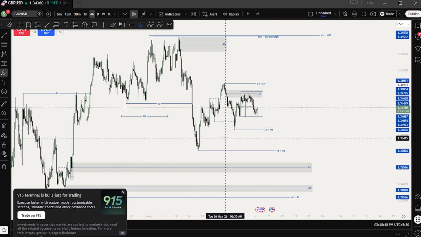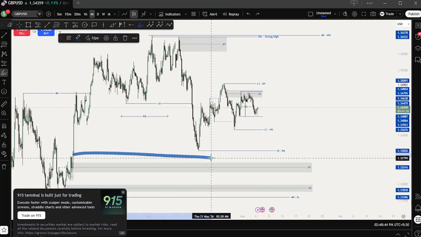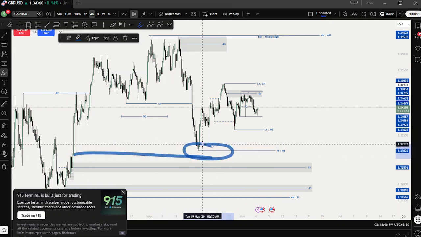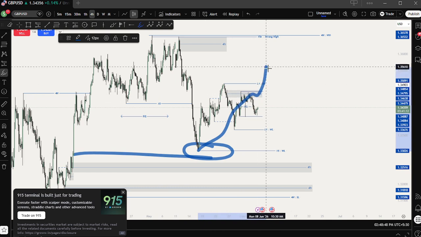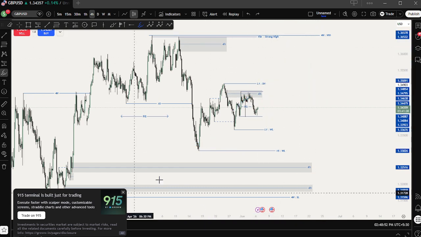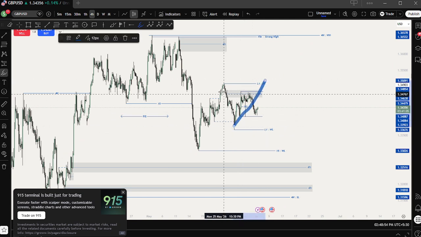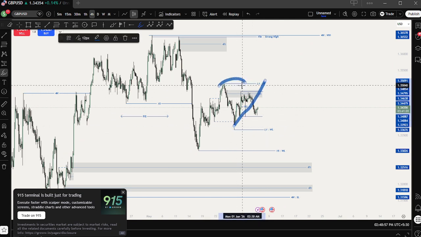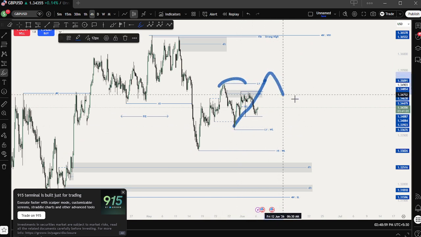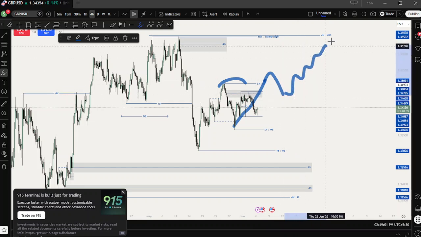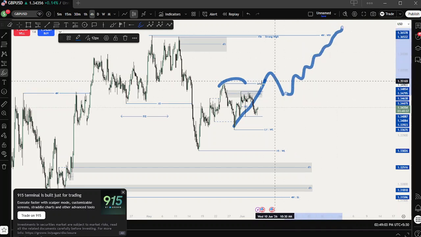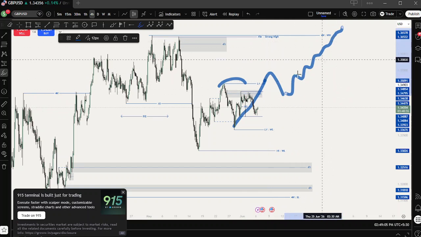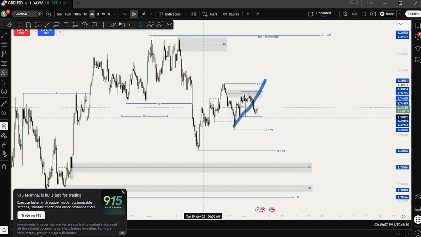If by any chance I want to expect from this point a confirmation that price is actually leading that continuation to violate that weak high, I at least want to see a break of this structure, and then I will be convinced that it has a high probability of continuing to violate that weak high.